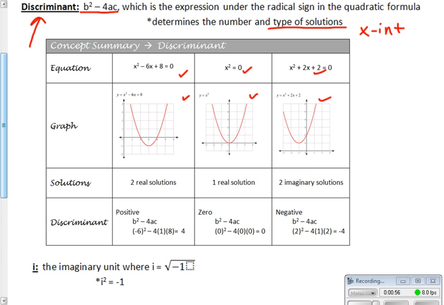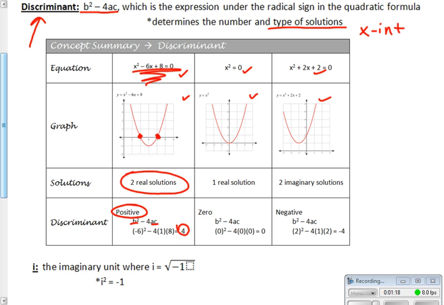Notice this first one has two x-intercepts, so therefore it has two solutions. When you put in your a, b and c values and you get a positive answer, such as the positive 4 we took from our equation up here, you have two real solutions.